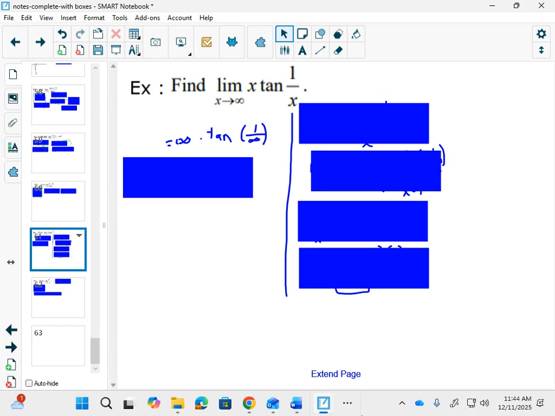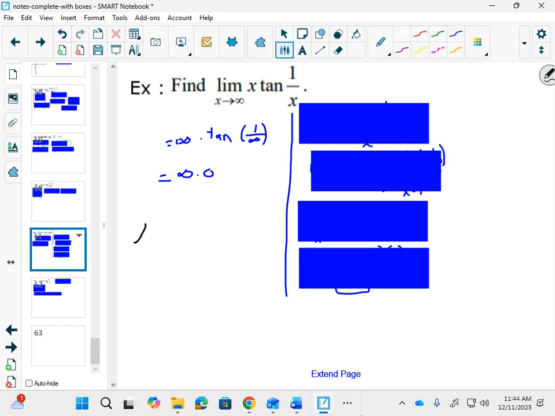Sometimes we have to be careful. This is like infinity times 0, the way that it's written right now. That's not indeterminate form. Indeterminate form is when you have 0 over 0. However, if I take this limit, I know that the top part is 0.